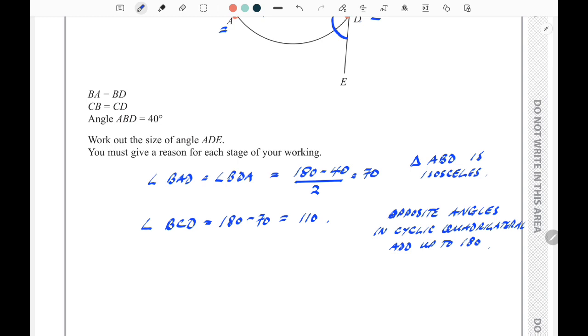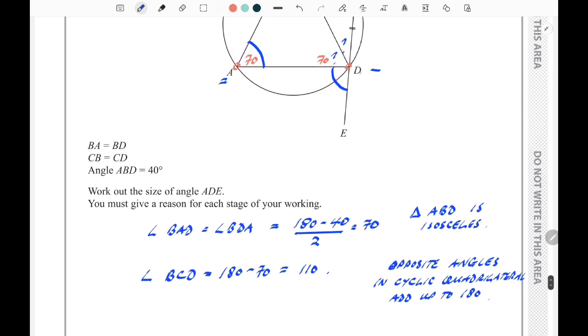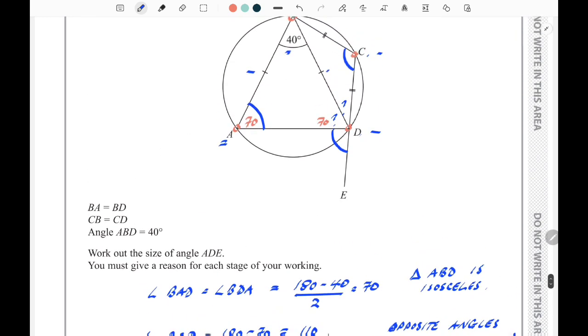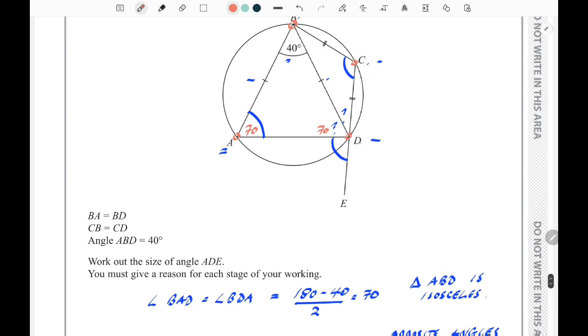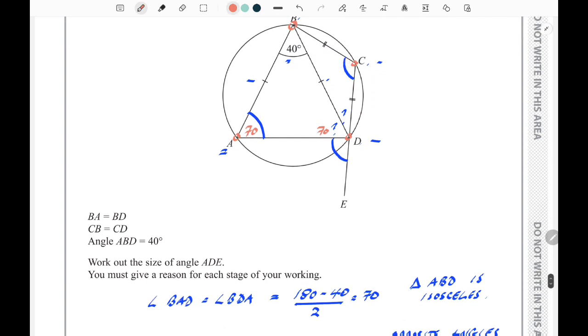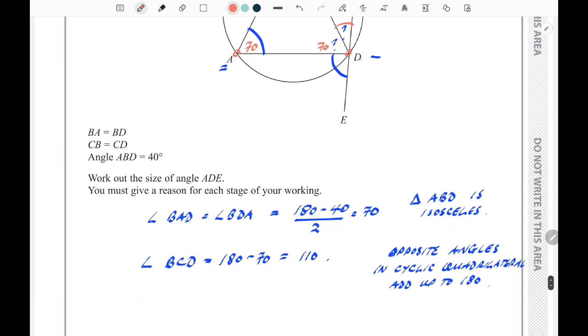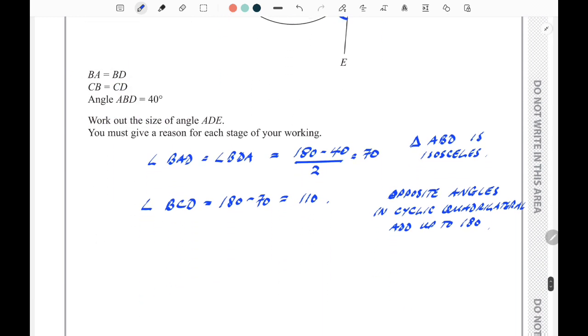And then step 3, if you like, is that we know that angle is now 110, and we need this angle here. Notice that triangle BCD is also an isosceles triangle, so we're going to use that fact now.